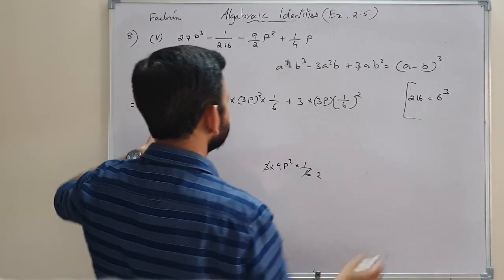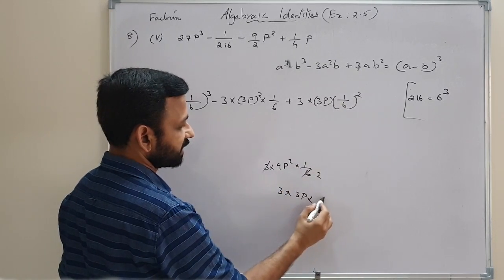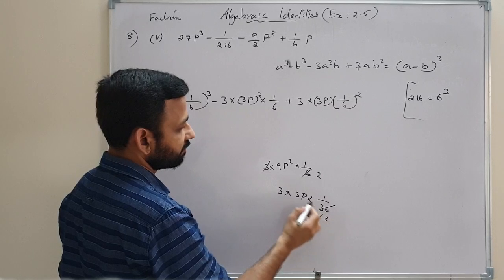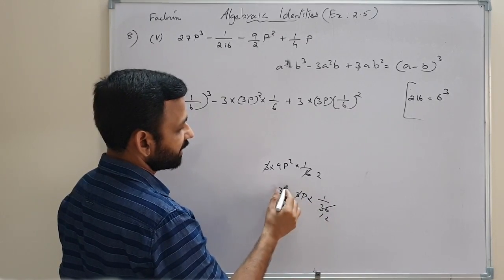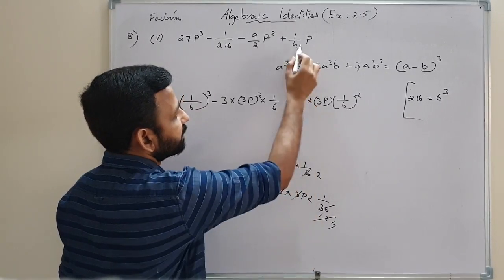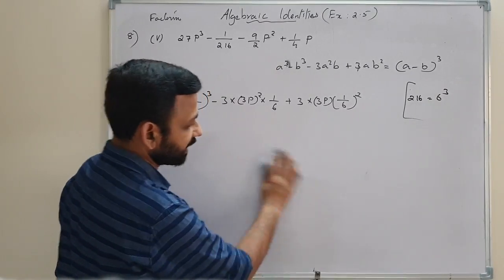Now we verify 3 into 3p into 1 by 36. Then 12 cancelled 3, and 12 cancelled 4. Then 1 by 4p. So now we got the same expression.